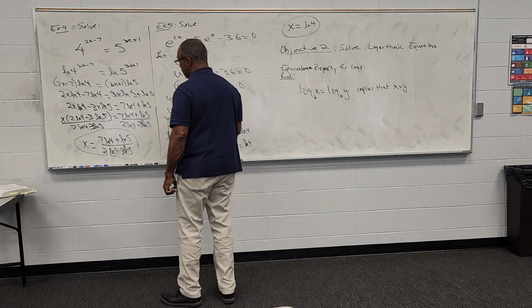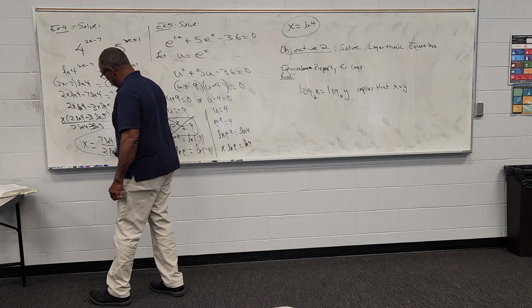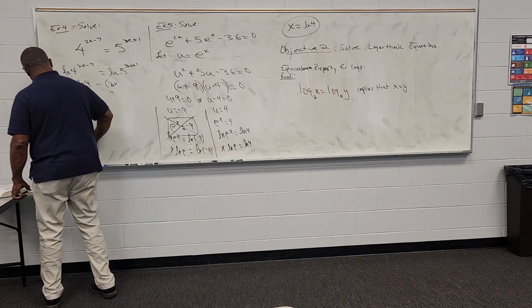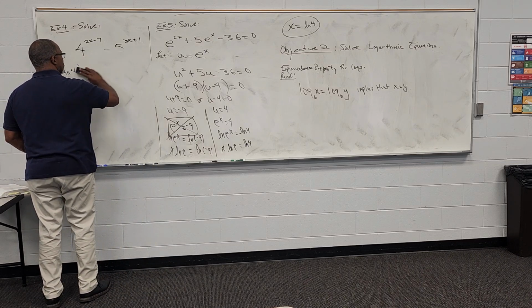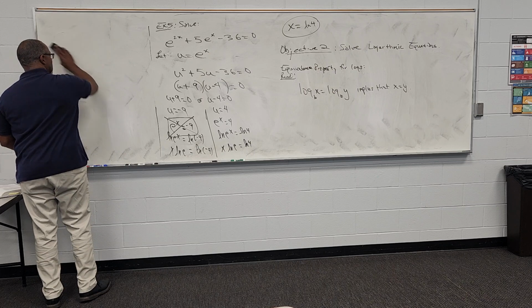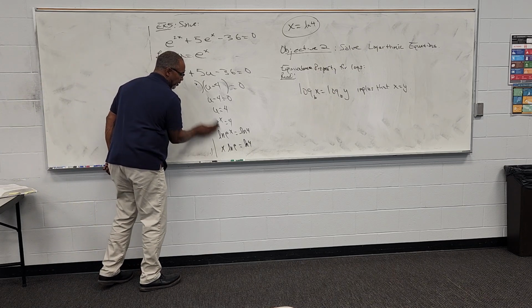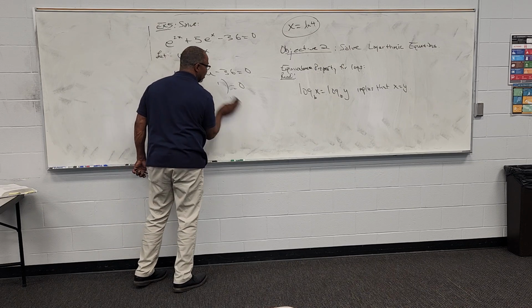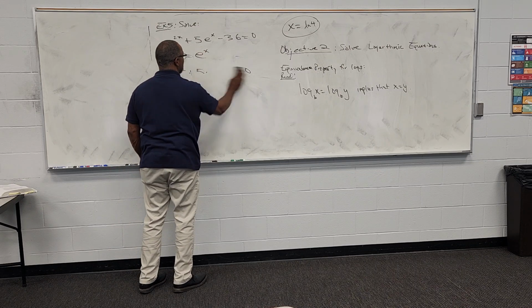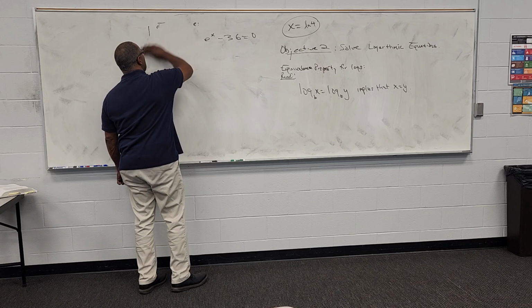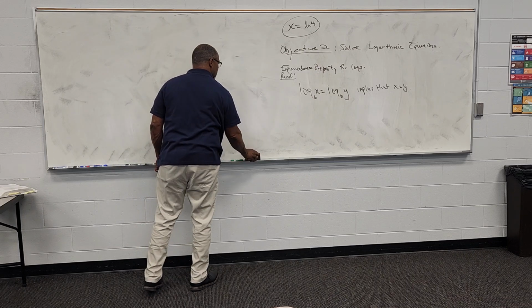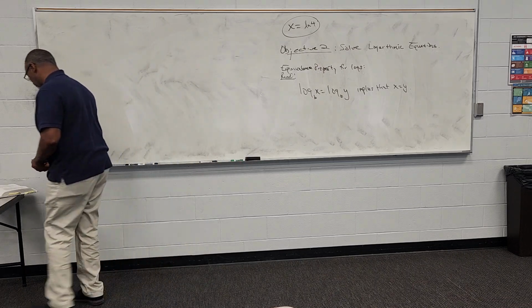So it kind of mirrors the equivalence property for exponential functions, but this one is for logs. If the log to the base b of x is equal to the log to the base b of y, then the x must be equal to the y. That makes perfect sense. And again, those bases have to be the same though. If they're equal, then x equals y.